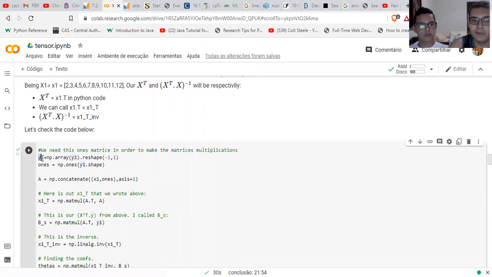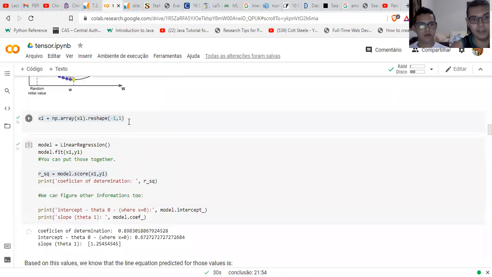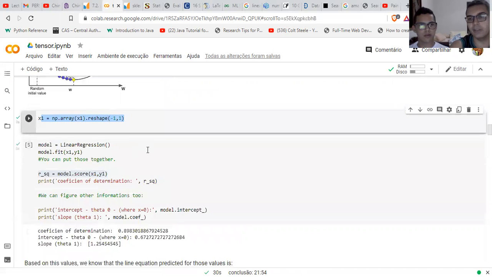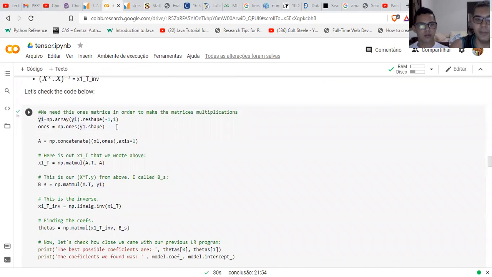Basically, you have to transform everything into a numpy array, as I said, and we already did this with x1 in the code before. We have to transform y1 also into a numpy array.